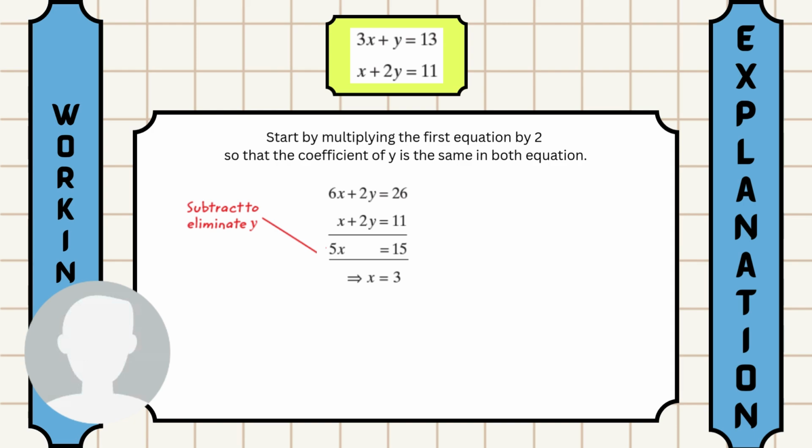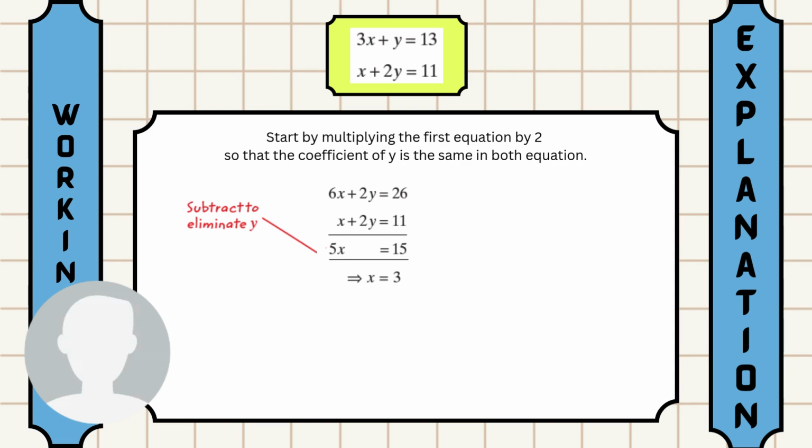So 3x plus y equals 13 will become 6x plus 2y equals 26. And then we copy down the second equation given, which is x plus 2y equals 11.